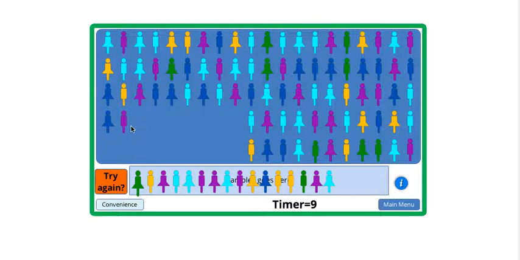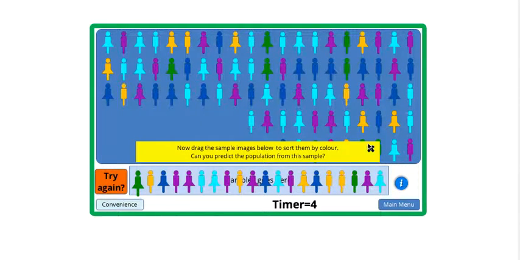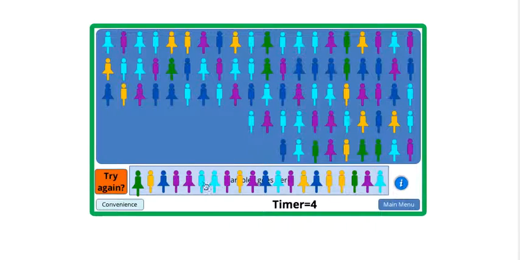But convenience, it's quick and easy. It's just the ones that you can get. It's not random at all. And so it certainly is always biased. Like this doesn't necessarily have to be, because if these people are randomly put around, then they're random in there as well. But it just kind of captures the point. The convenience is really just quick and easy, and it's just really accessing the people you can access.